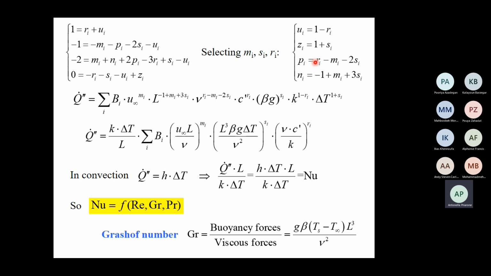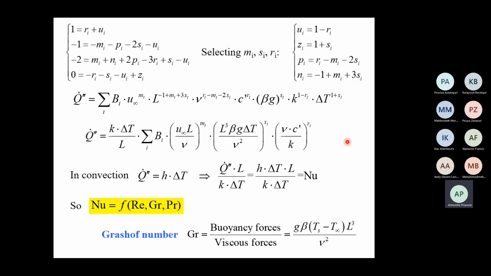And I want to write all the other exponents u, z, p, n as a function of r, s, and m. And simply I obtain that u, for example, is equal to 1 minus r, z is 1 plus s, and so on.